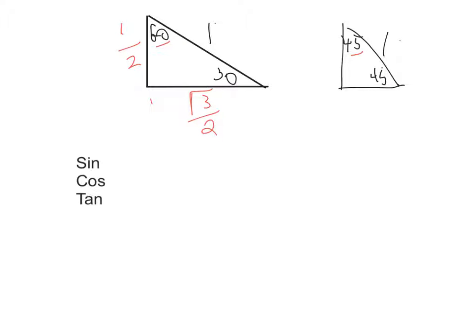Now, for these legs, if it was x squared plus x squared equals 1, because both of these legs are the same, we would get 2x squared equals 1.